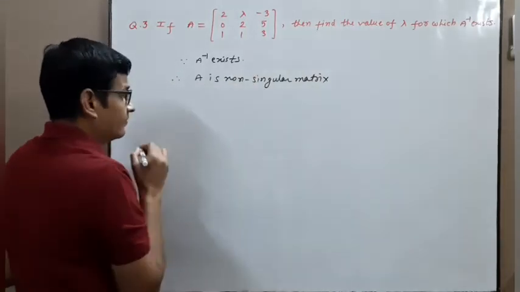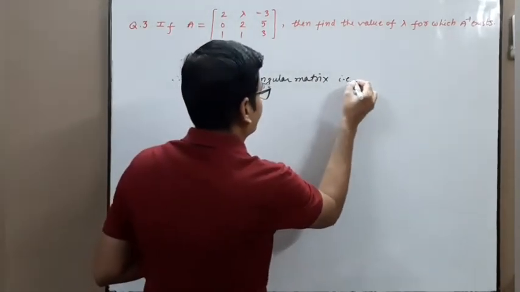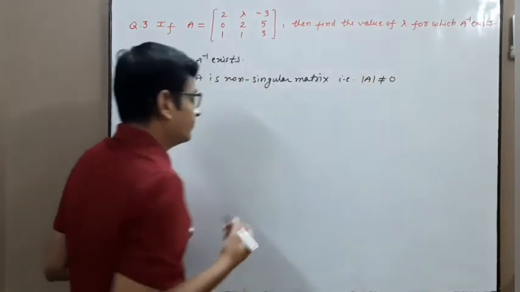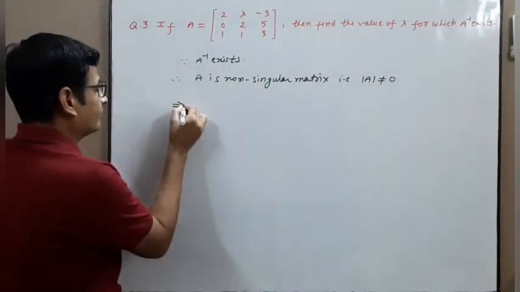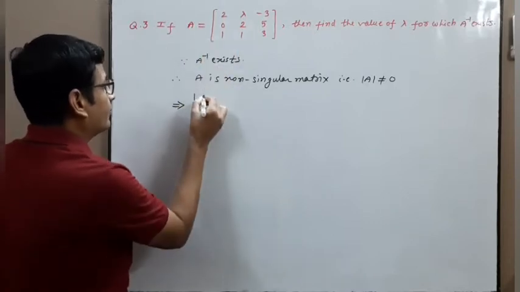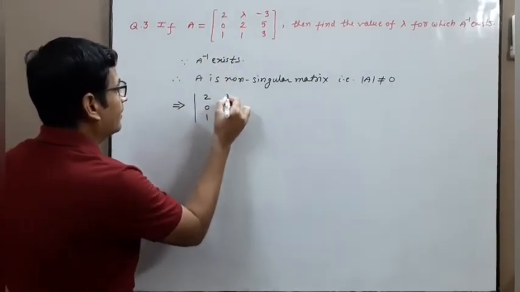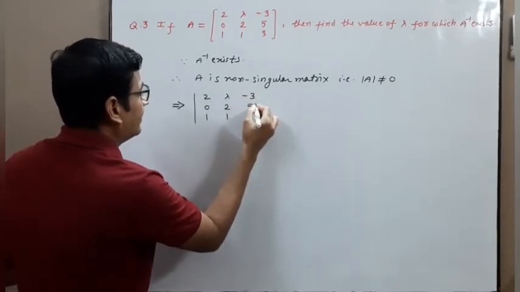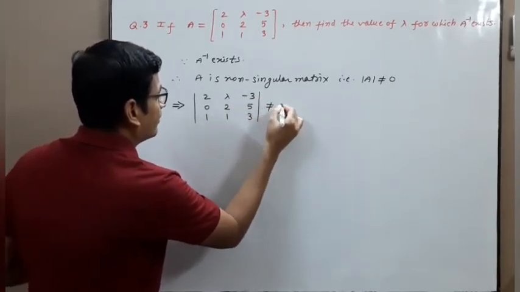That is, determinant A not equal to 0. अब determinant A, 2 0 1, lambda 2 1, minus 3 5 3, is not equal to 0.